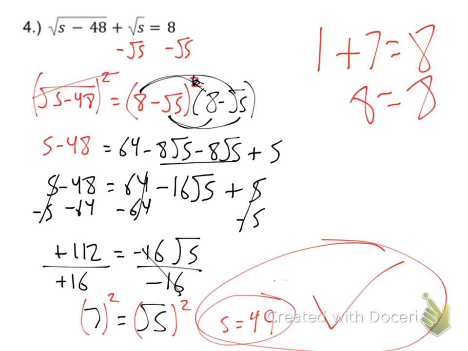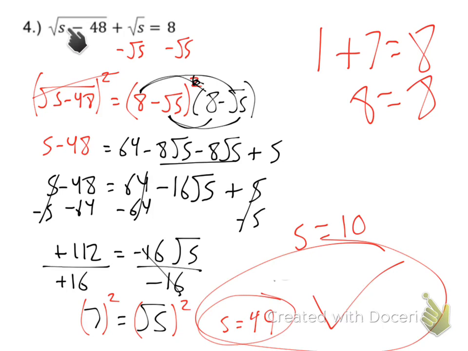All that for 1 plus 7. What do you mean? That was checking it. Right. So we did all of that work to get s is equal to 49. Now, guys, the whole reason is, what if you did all of this and you found out s is equal to 10?